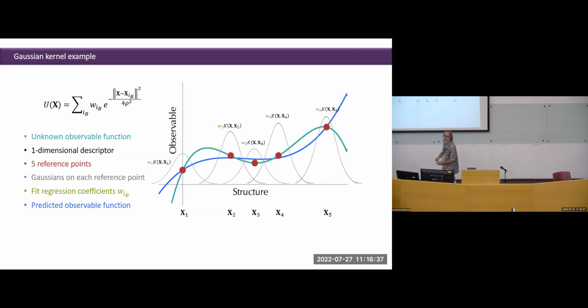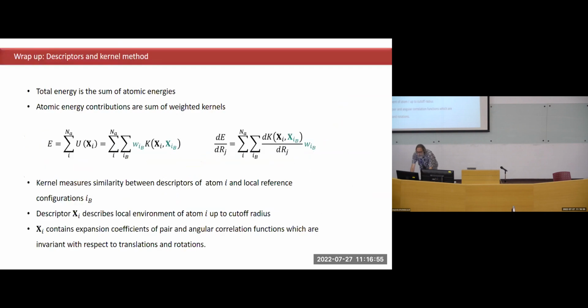So that would be our fit to the unknown observable function. So how good this fit is, of course we do not know. But as we collect more reference points, it should become better and better.